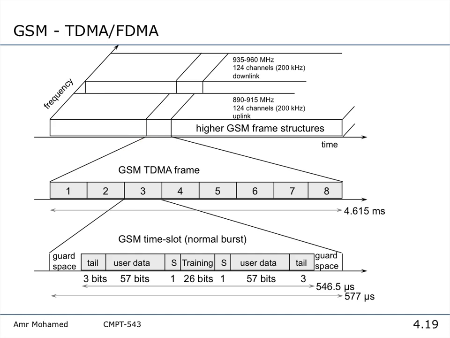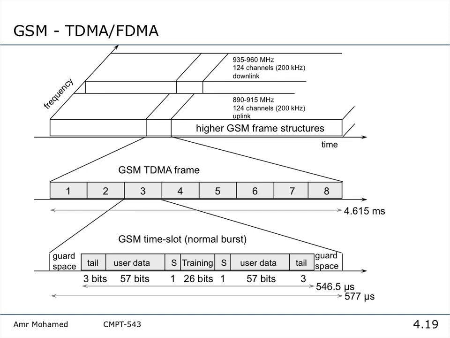So one channel can be divided in time, not in frequency, because as we have discussed before, GSM uses TDMA and FDMA. So each channel is divided in time into 8 slots. 8 slots constitute what we call a super frame.